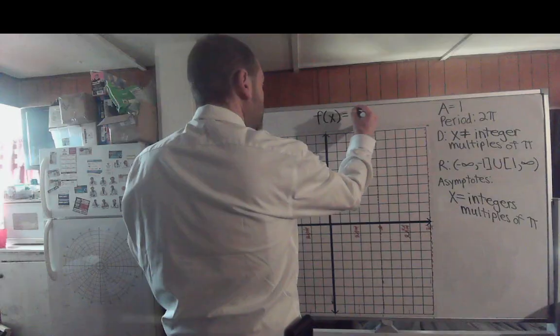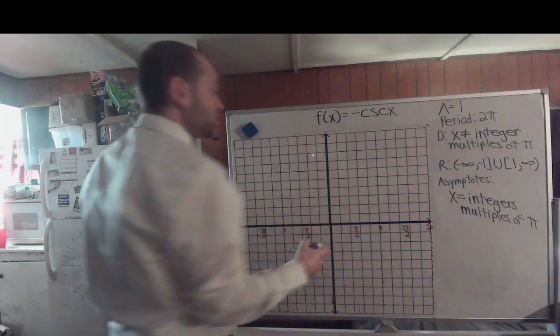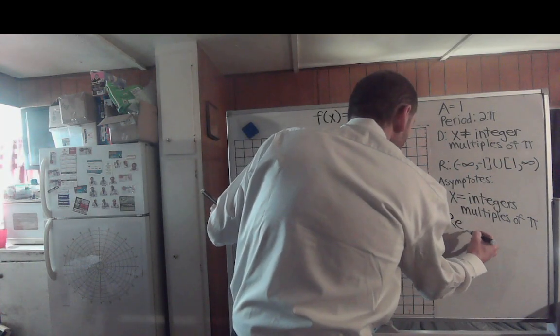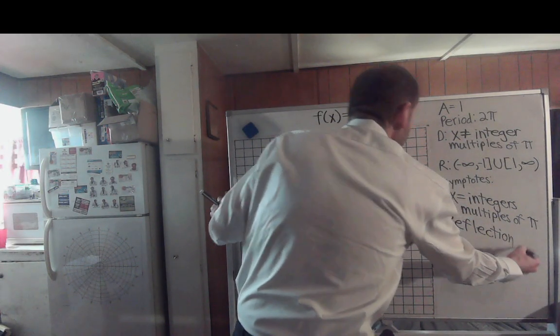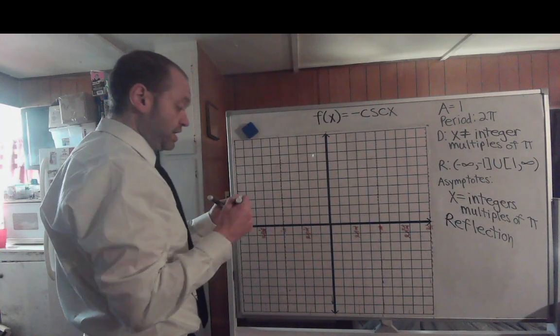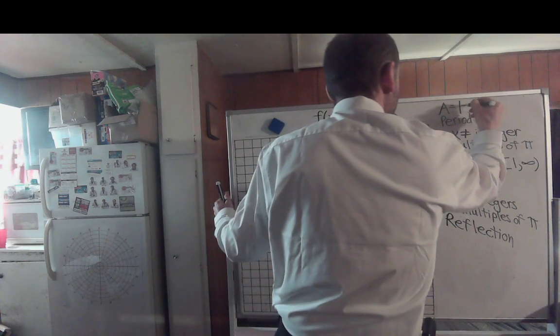f of x equals negative cosecant of x. So now we have a reflection in the x-axis. We haven't changed the amplitude or the period. The amplitude equals the absolute value of negative 1, which just gives you 1.